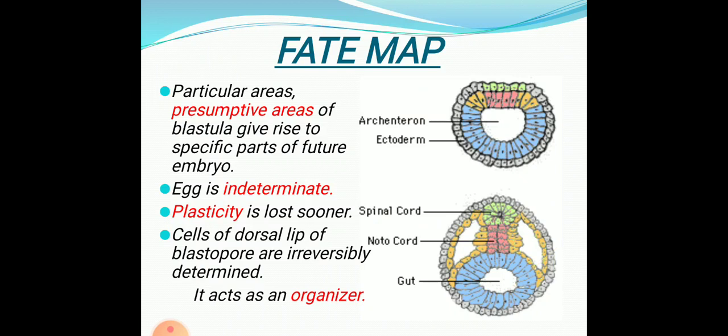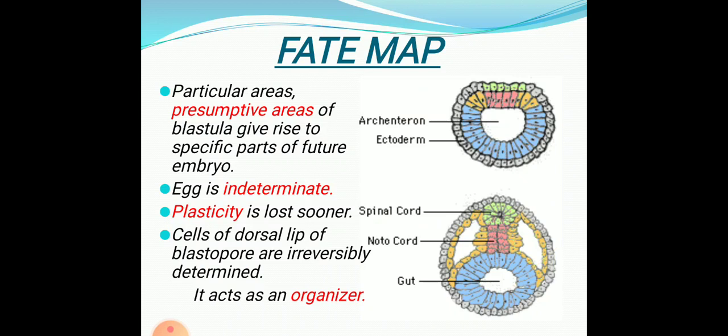Towards the end of the cleavage, the organ forming areas are well marked. In the diagram you are going to see some areas: archenteron, ectoderm, spinal cord, notochord, gut. These organ forming areas are well marked at the end of the cleavage.